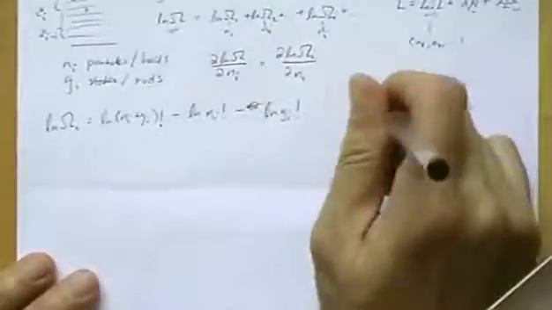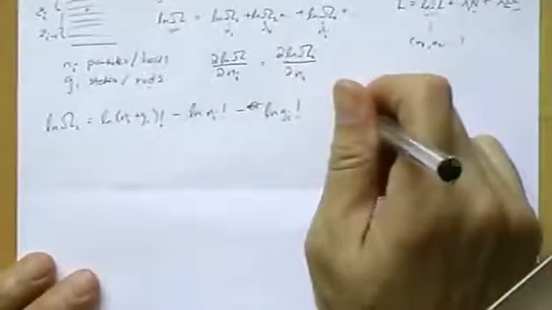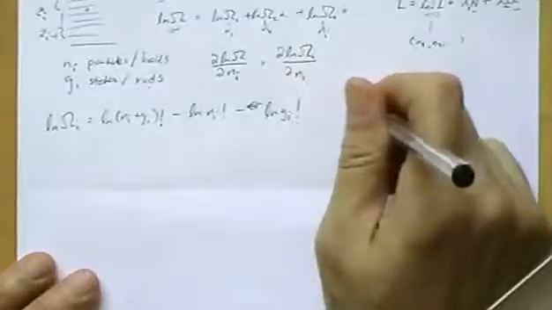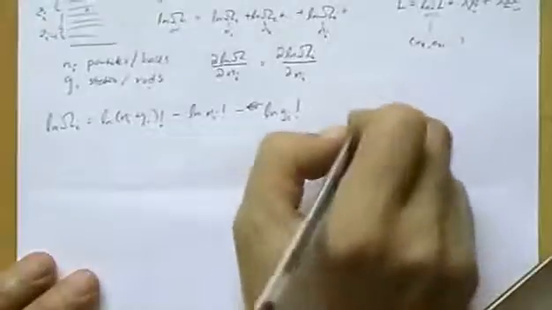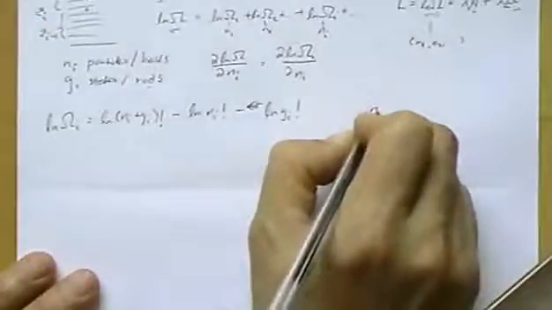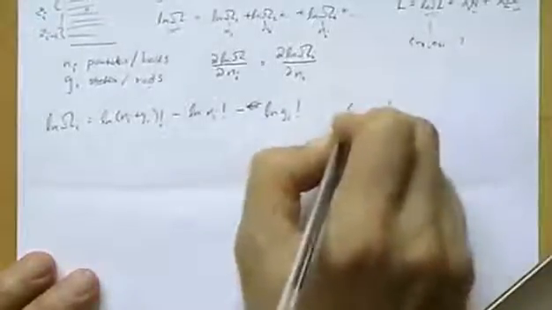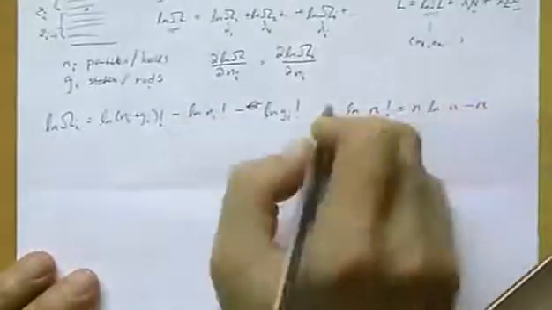Now we need Stirling's approximation for this. If you remember, Stirling's approximation looks like this: log of n factorial is equal to n log n minus n. So that's Stirling's approximation, which we need to use. So let's put this in.